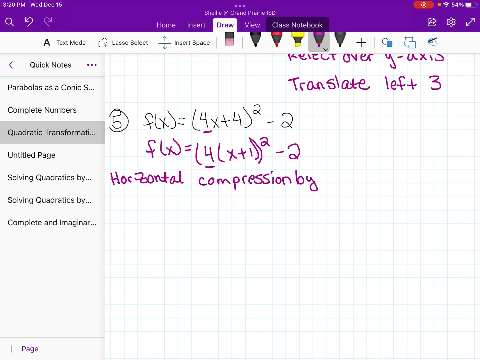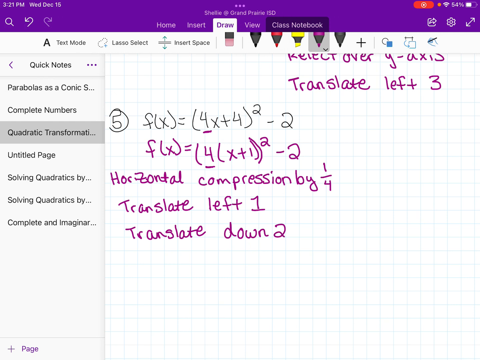So this would actually be a horizontal compression by 1 over 4. Then I see that I have a +1 in parentheses, so I'm going to translate left 1. And then there's a -2 on the outside of the parentheses, so I'm going to translate down 2.